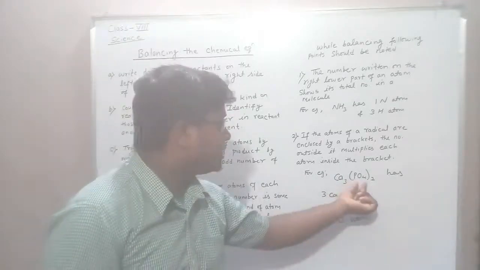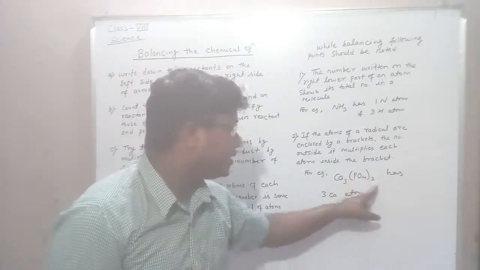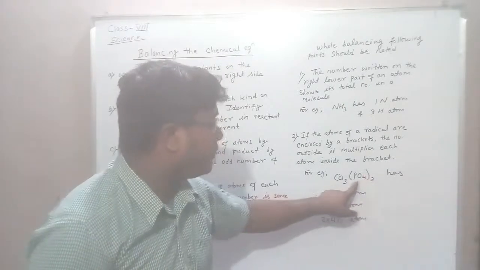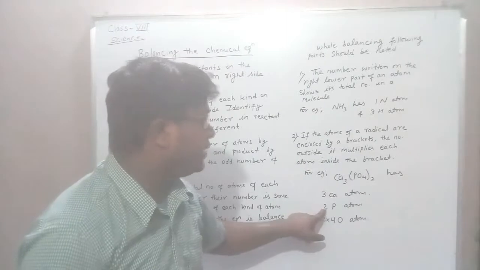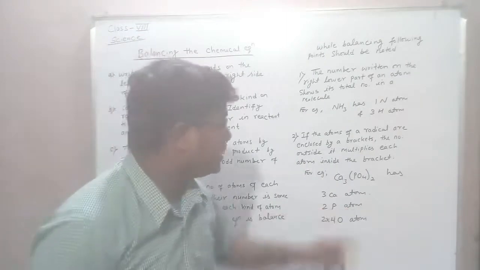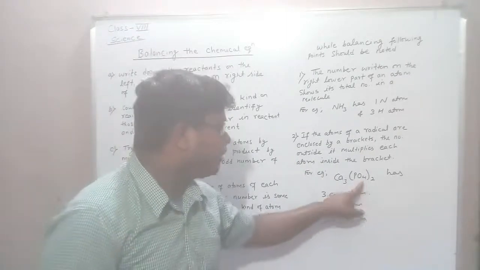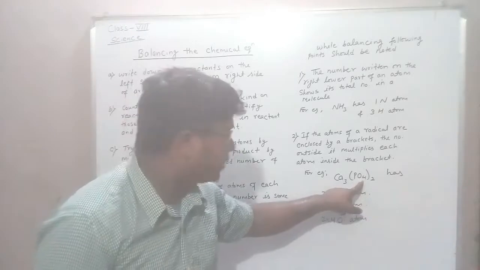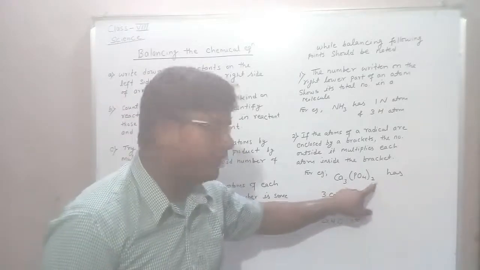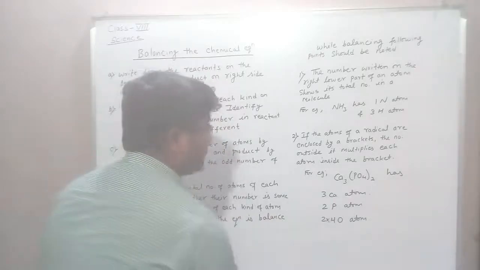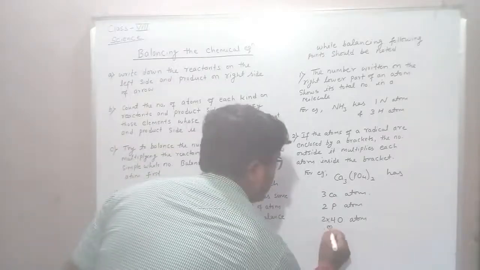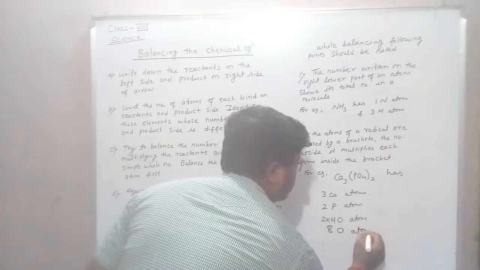One phosphorus atom becomes 2 into 1, that is 2 phosphorus atoms, and 4 oxygen atoms become 2 into 4, that means 8 oxygen atoms.